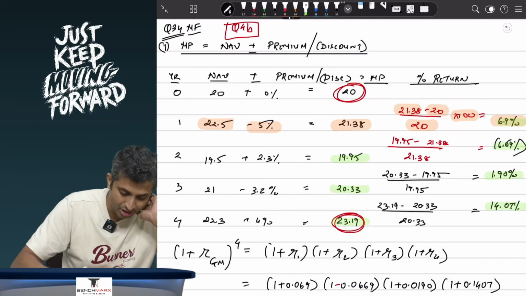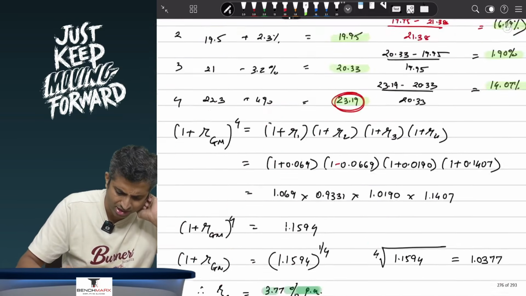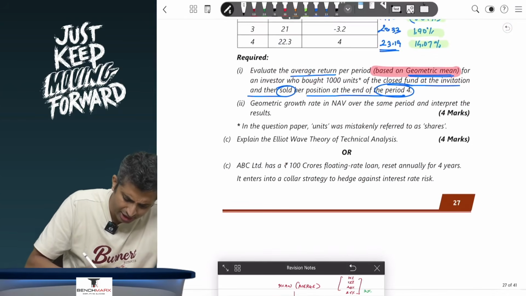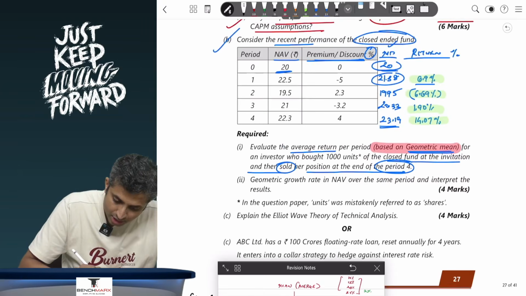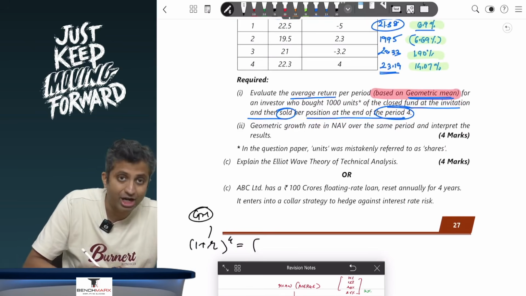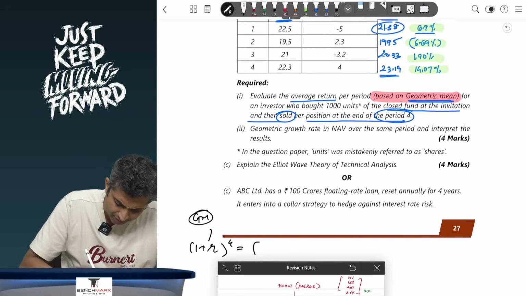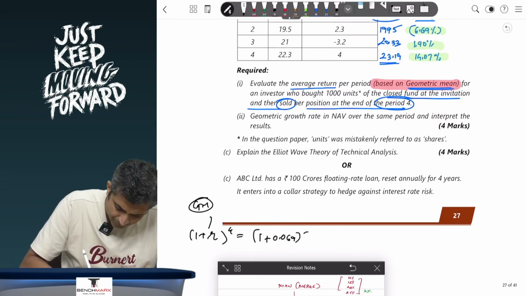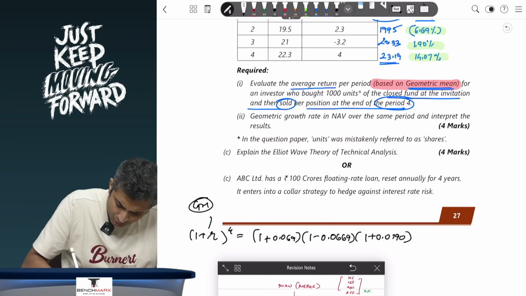Now, if I were to formulate the equation for the geometric mean, this is (1 plus r) raised to 4, where r is your geometric mean or compounded average annual growth rate. This is 1 plus 0.069, into 1 minus 0.0669, into 1 plus 0.0190, into 1 plus 0.1407.